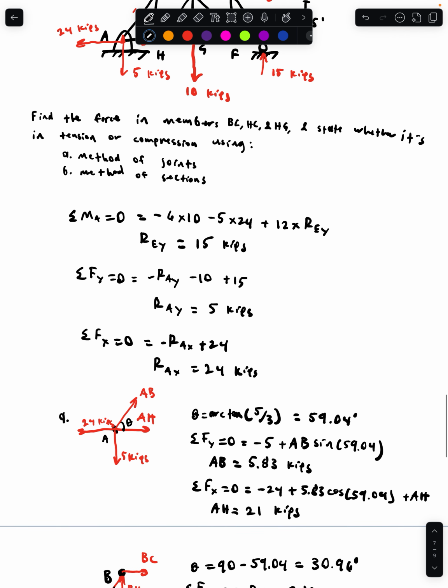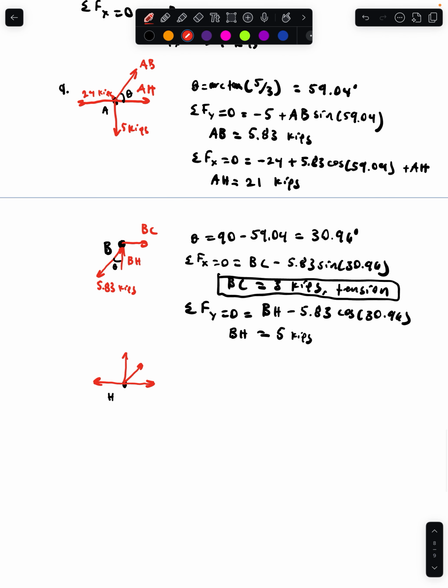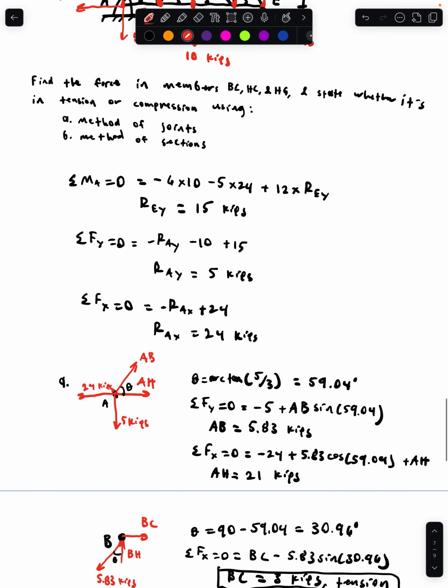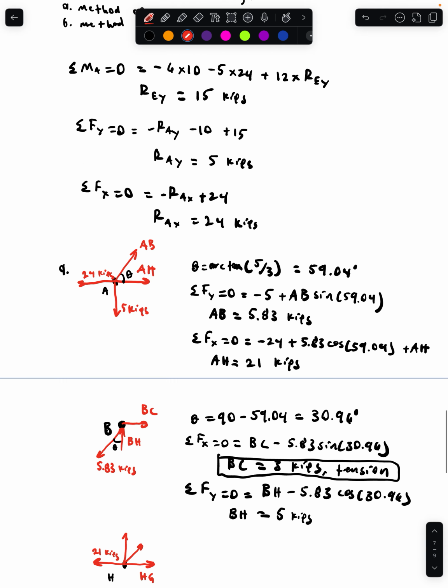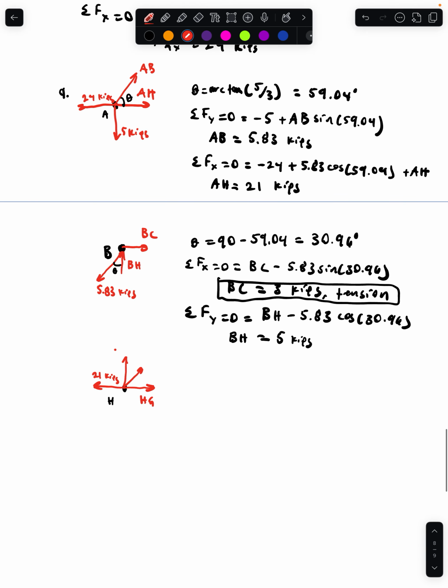Okay, so we got AH right here, which is 21 kips, and that is in tension. We have HG, which we don't know yet. We have BH, which is 5 kips, and that's actually going to be in compression, because if you look up here, it's going towards the joint, so it's going to be in compression.